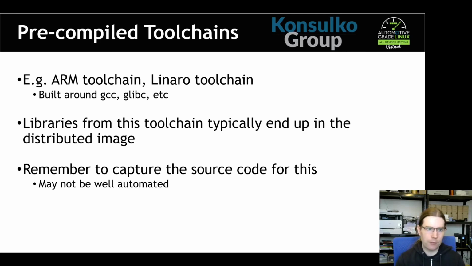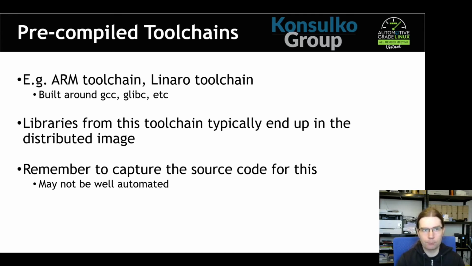And the compiler itself may not end up in the final image, but libraries such as glibc do end up in the final image, and glibc in particular is covered under the GNU General Public License. So if you are using this, you do need to make sure you capture the corresponding source code for these libraries. And that may not be an automated process. It may be a case of manually making sure that when you download the precompiled toolchain, you also download the sources for that.